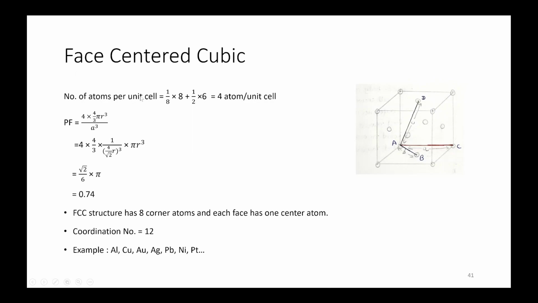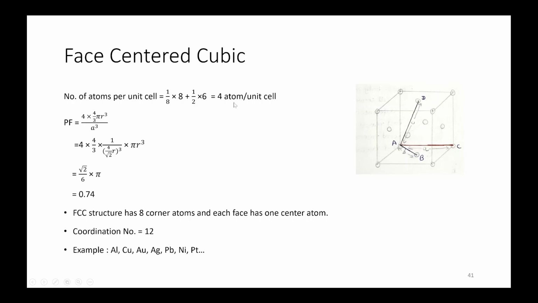Now number of atoms per unit cell in case of FCC structure: it will have atoms at the face centers. FCC has 8 corner atoms, so one atom will be from there, and you will have 6 atoms from face centers, which are shared by 2 cubes, so 3 atoms will be from there.